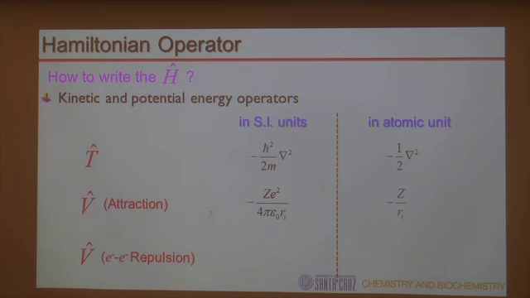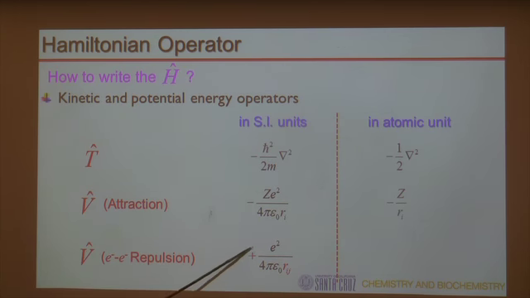Same thing for the electron repulsion term. Can you tell me what the sign of this repulsion term is? Is it negative, positive, or 0? Isn't it positive? It should be positive. It has a similar form to the attraction term. The difference is we change the sign to positive, because repulsion increases your energy, not decreases it, making your system more unstable.